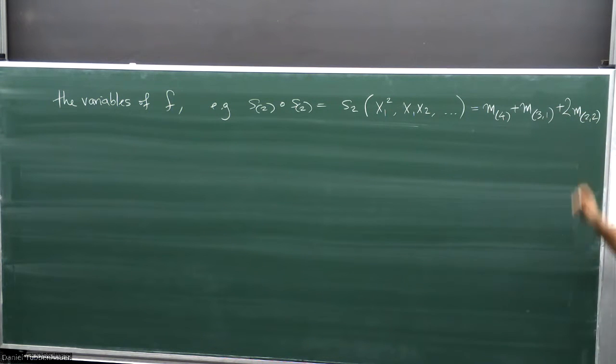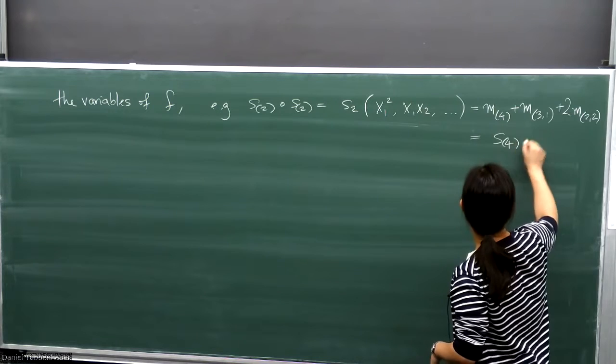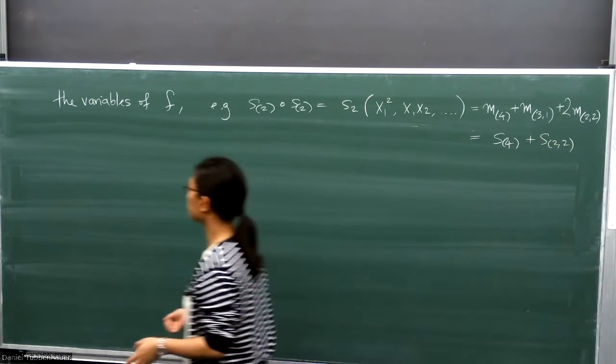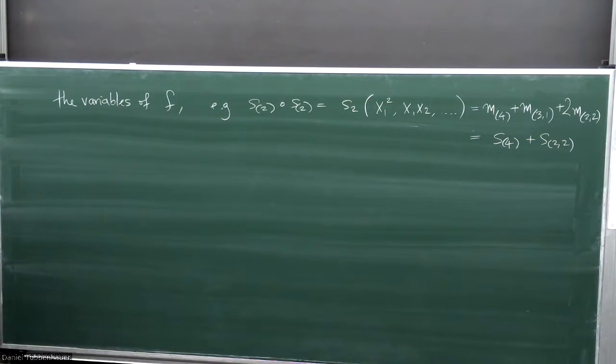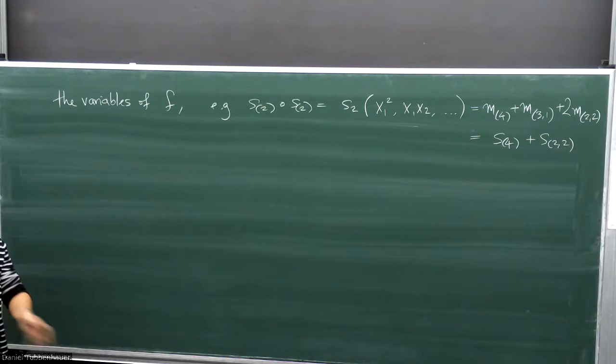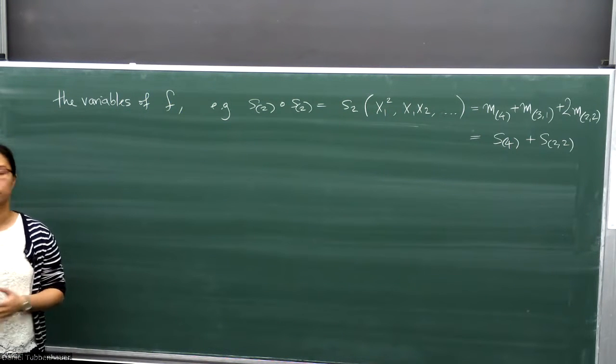The 2 copies come from being able to take xi squared, xj squared, as well as xi xj. And we can also rewrite this back in terms of the original Schur functions, of course. So S4 plus S22. In general, we can define this for all symmetric functions, but that's rather more complicated. This is associative and linear in the first argument, but in general not commutative and not linear in the second argument, so I won't do it in general.